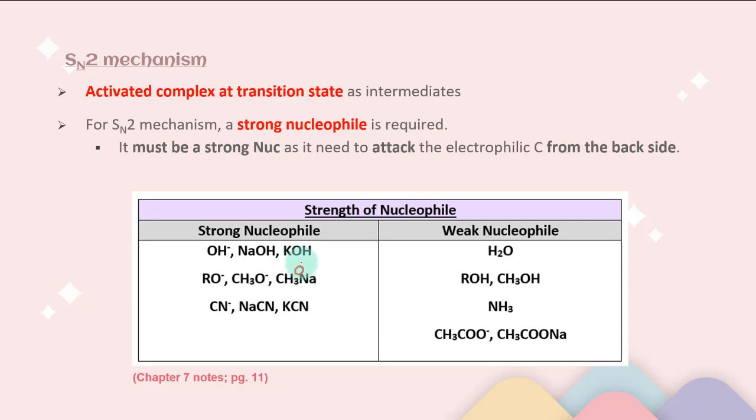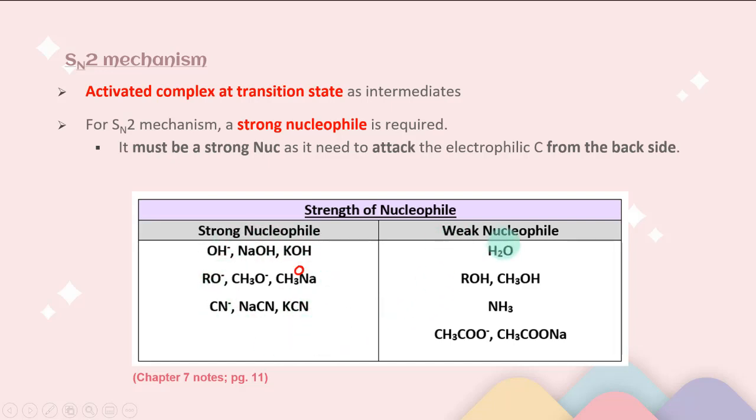Okay, CH3ONa. That means you can see this alkoxide ion dissociates from the salt. Okay, also considered a strong nucleophile. And then if you have CN minus, your cyanide ion, maybe you have NaCN, which gives you CN minus as well. KCN, you have CN minus. So these are examples of your strong nucleophiles.